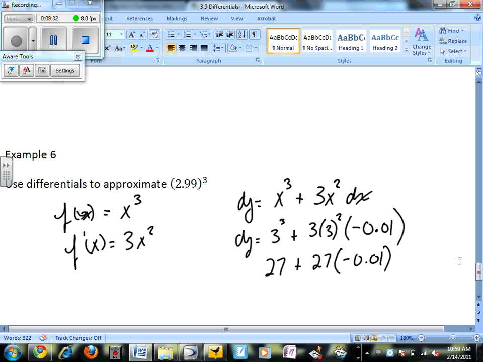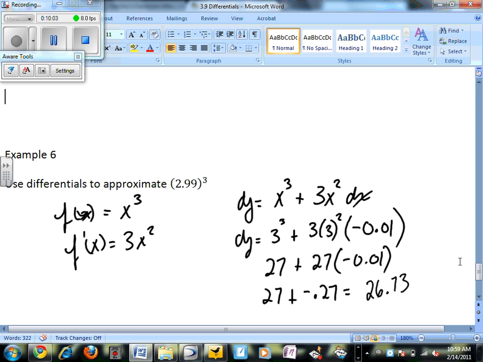So 27 times 0.01, you just move the decimal place 2 spots over. So I'm going to have 27 plus a negative 0.27. When we subtract those two, we'll get 26.73.